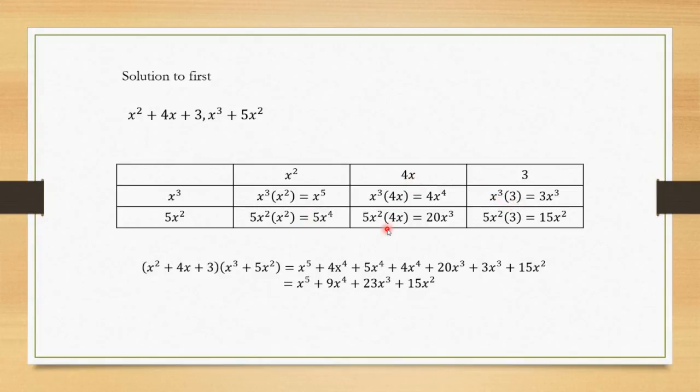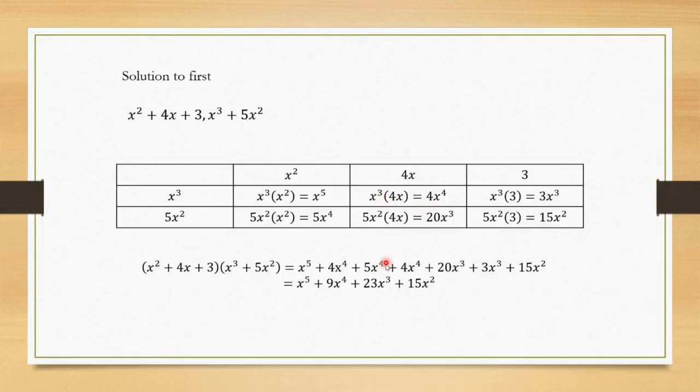So once we do all the products and fill in all the grid entries, as I did here already, what we're going to do is add. You add these grid entries that you just filled in to get the product. And again, notice that there are some like terms here. For instance, we have 5x to the 4 and 4x to the 4.